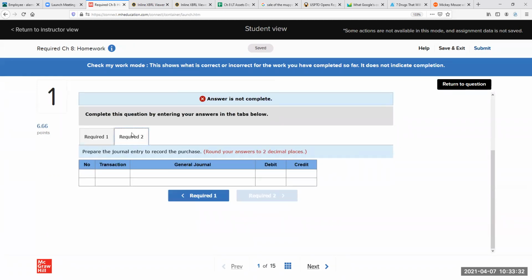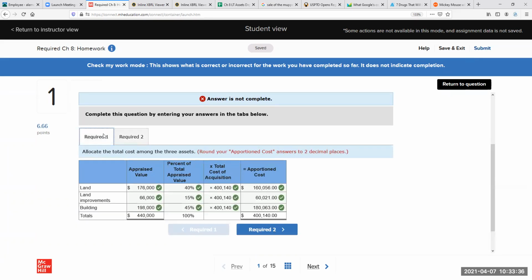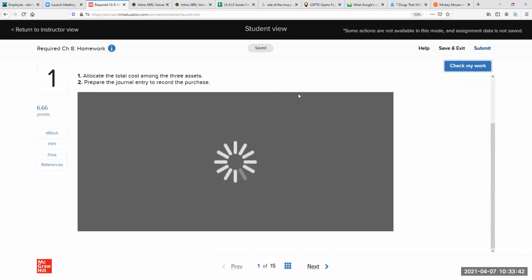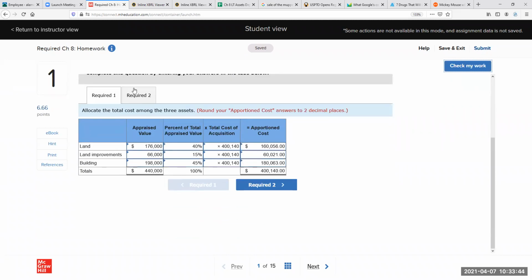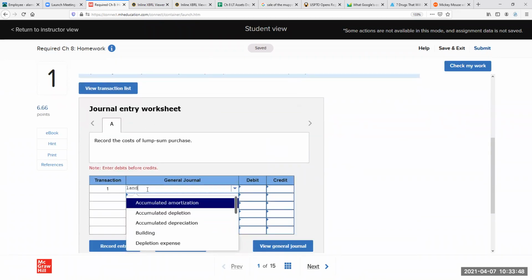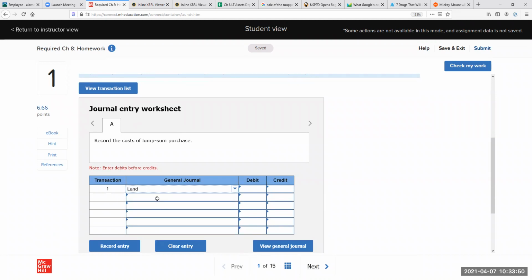Oh, they want the journal entry. Record the journal entry, record the purchase. So you're going to put land, improvements, and building. So what did you buy? Assets: land, improvements, and you bought a building.